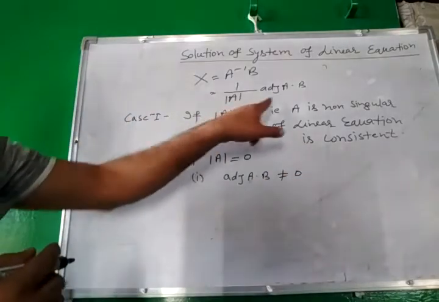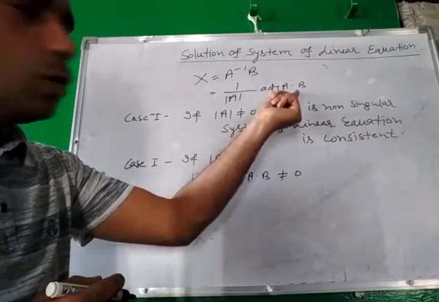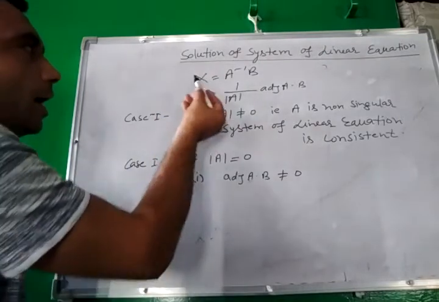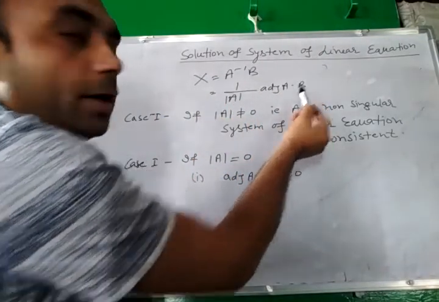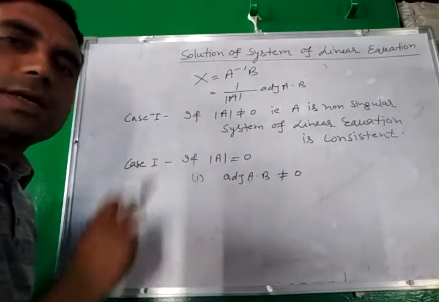What do we get in this case? If adjoint of A into B is not equal to 0 and determinant of A is equal to 0, then X into determinant of A is equal to 0 and adjoint of A into B is not equal to 0. Left-hand side is not equal to right-hand side.